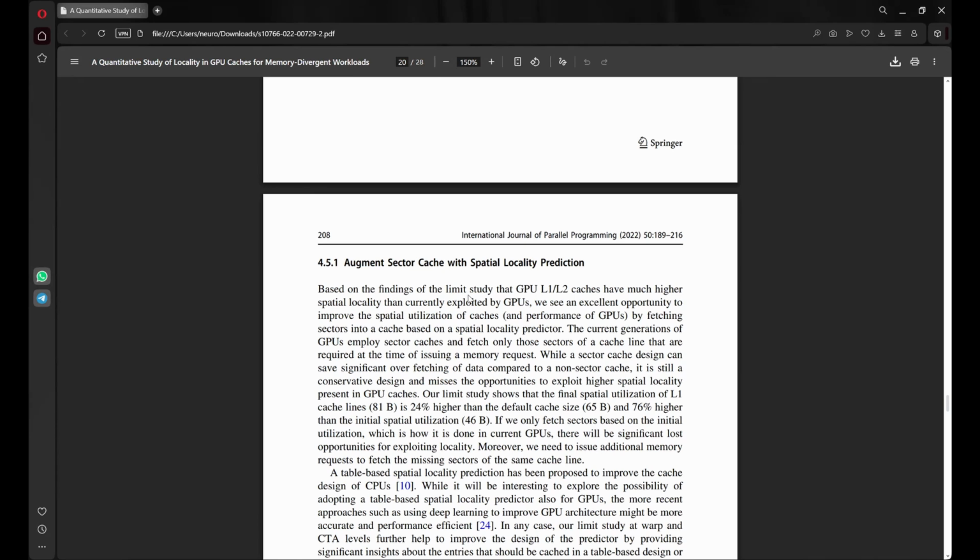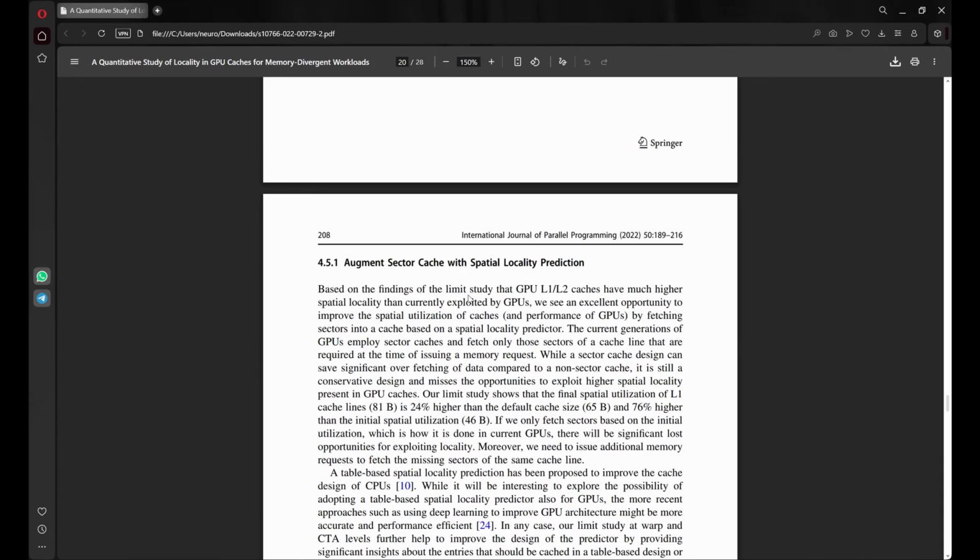Sometimes it might not have enough data, right? So sometimes you'll see an overfetch and sometimes you'll see that there's a miss because a memory address that is just a little bit more than the sector length could have been brought in but wasn't.